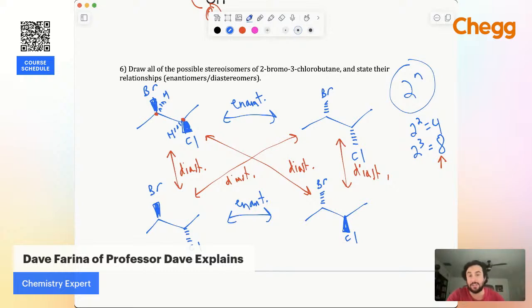It is probably the single most important thing to start wrapping your head around in OChem 1, because it's really the foundation for mechanisms, which is just the rest of what you learn in OChem, more or less. So we will talk a lot about that.